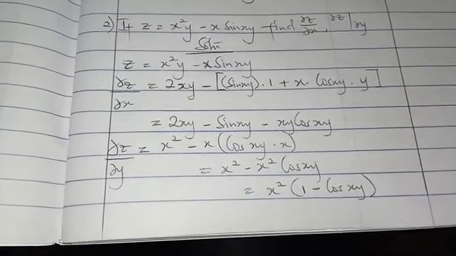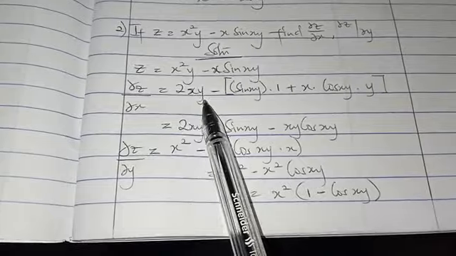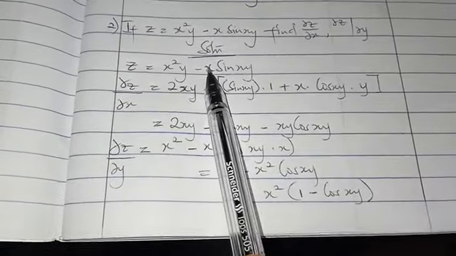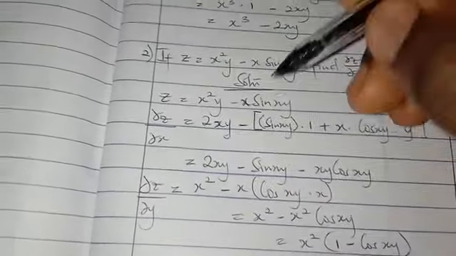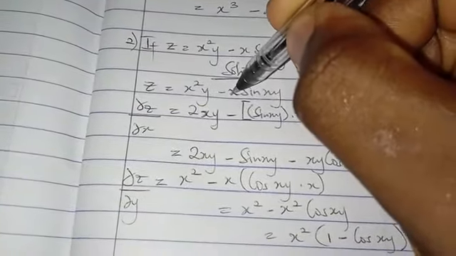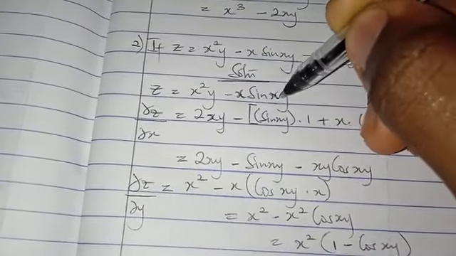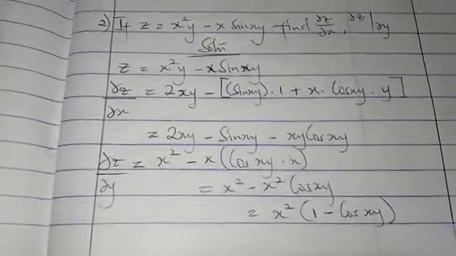So you have 2xy minus, when you look at this, there's a product multiplication going on between the x here and the x here. So you're having x times sine xy.